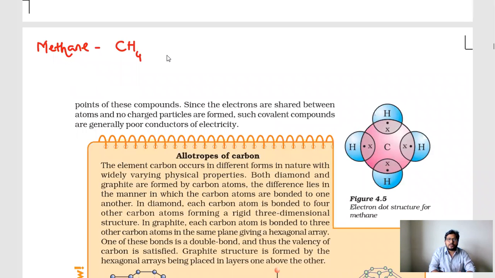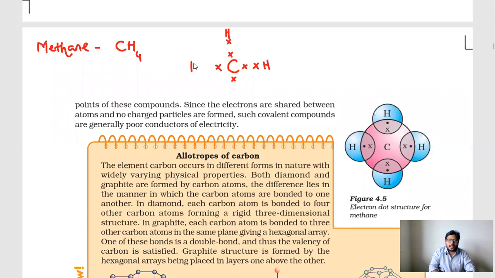Now you see CH4. If they ask you to draw the structure, first we take carbon, and we know it has 4 valence electrons: 1, 2, 3, 4. One carbon is combining with 4 hydrogens. There will be one hydrogen here with one valence electron, and another hydrogen here with one valence electron.